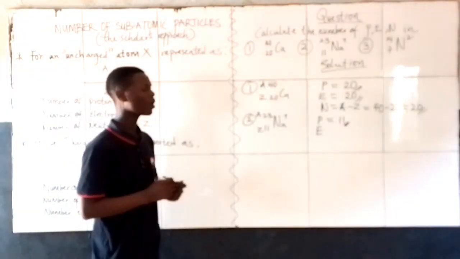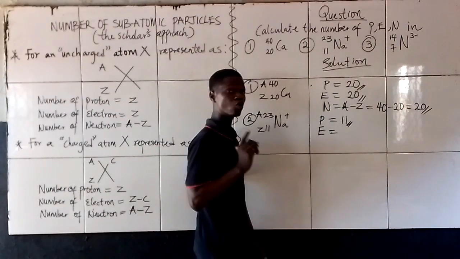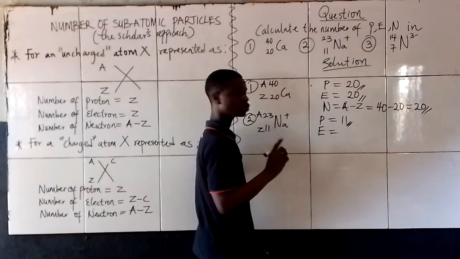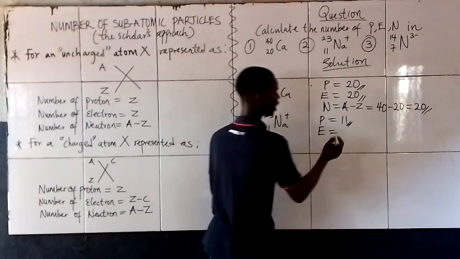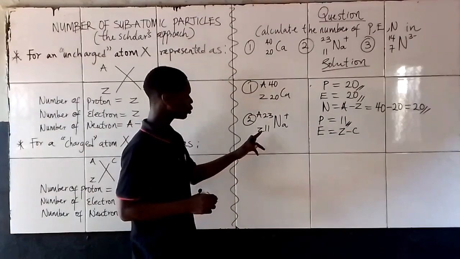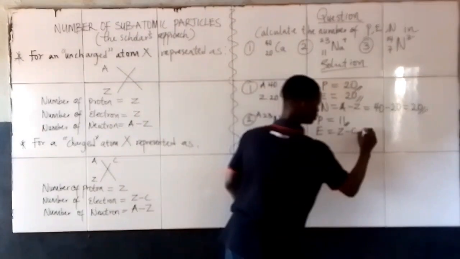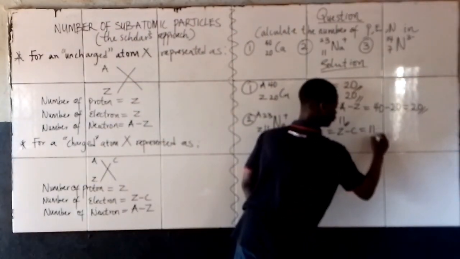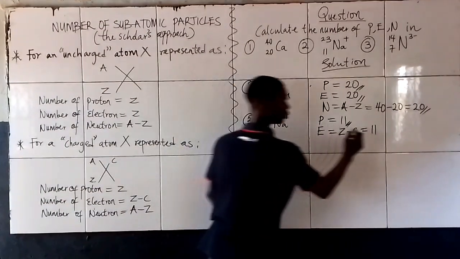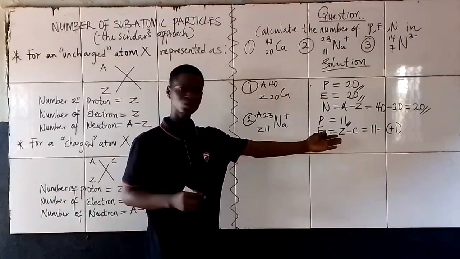Next, without wasting time, is E. How do we get our electron number? Because this guy is carrying a charge, we'll make use of the formula for electron number in a charged atom. And what is it? Z minus C. So whatever is our Z minus our charge. This will now give us 11, which is Z, minus plus 1. And this is what we have.